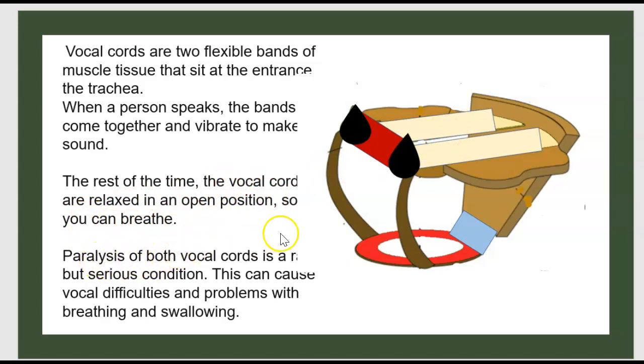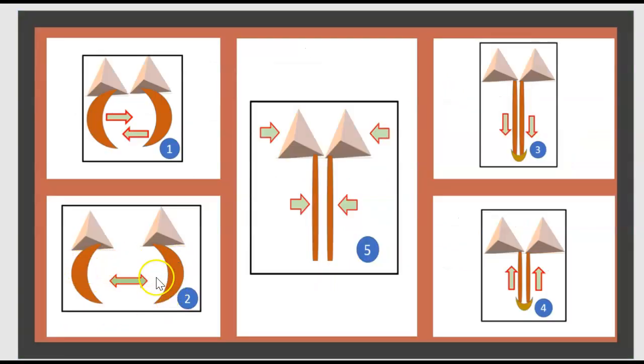Paralysis of both vocal cords is a serious condition. This can cause vocal difficulty and problems with breathing. Abduction of the vocal cord, adduction of the vocal cord, elongation of the vocal cord, shortening of the vocal cord, and tension of the vocal cord.